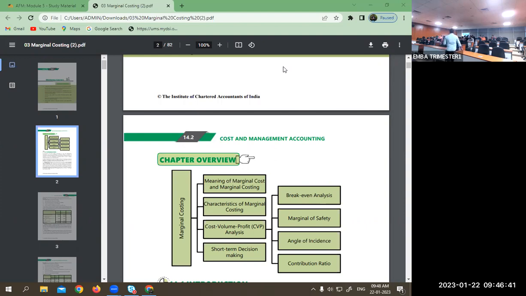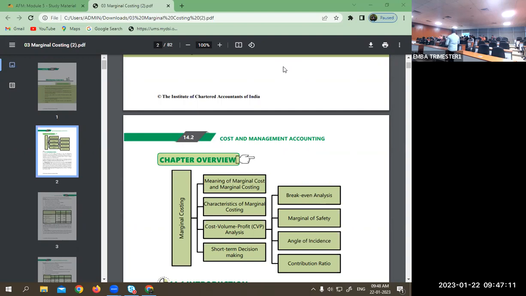Techniques are nothing but the mechanism, process, procedure, idea or methodology that we follow in order to control the cost of a product or a service. For example, marginal costing, ABC costing, standard costing, variance analysis, and so many more. Now in our syllabus we have only one, that is marginal cost.